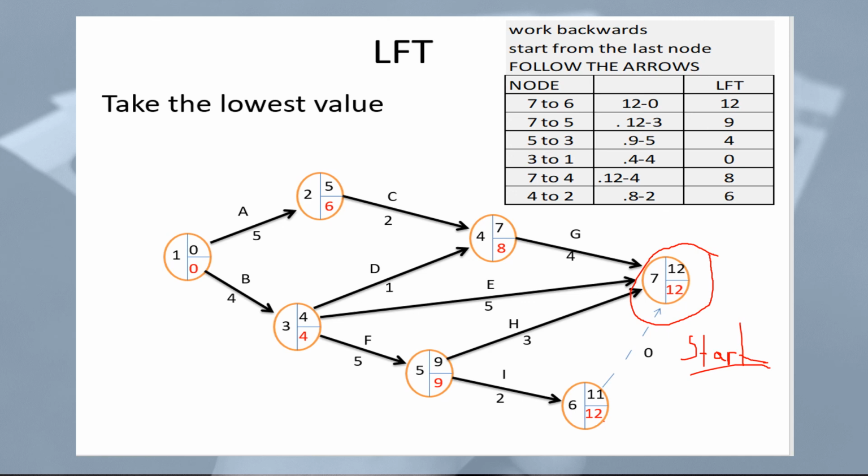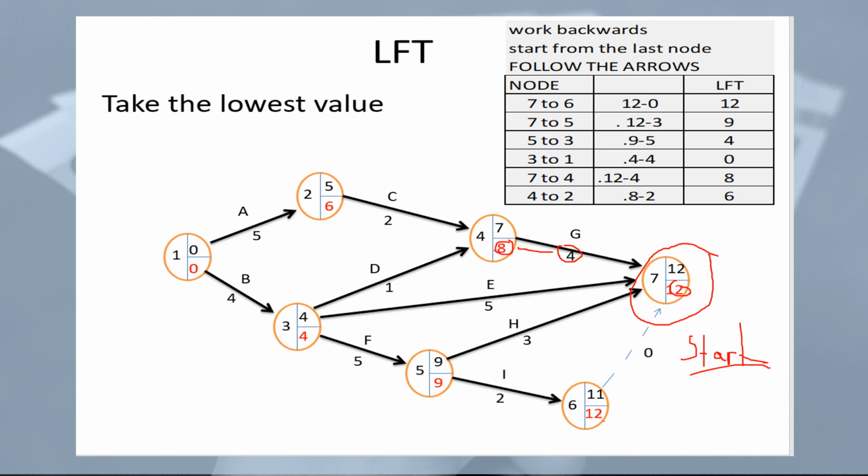So let's take, for example, 12, which is what we had here, the lowest one here, minus the 4. So if we've got 12 minus 4 gives us 8.